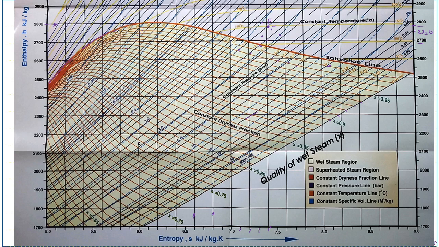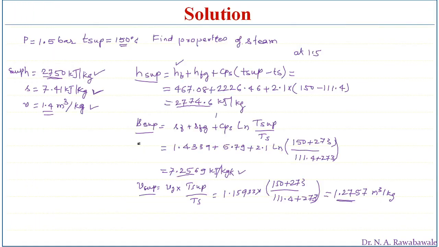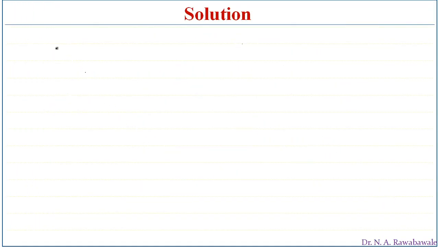So for example, we'll take it as pressure of 5 bar and dryness fraction as 0.98. P is equal to 5 bar and dryness fraction X is equal to 0.98.